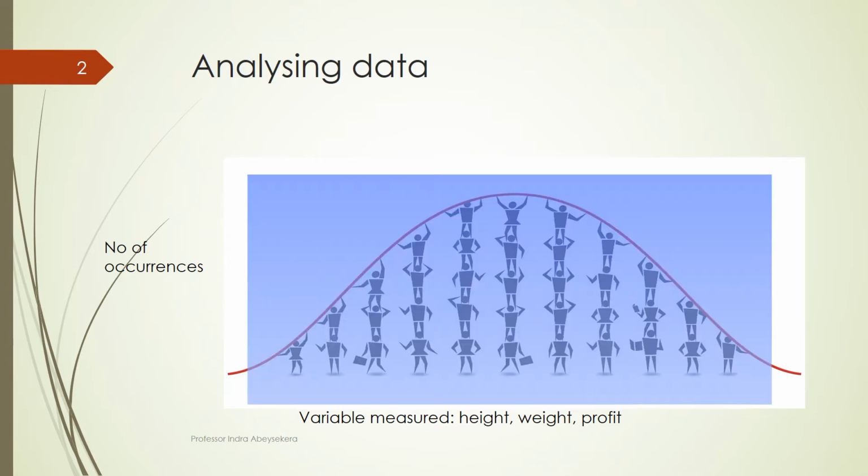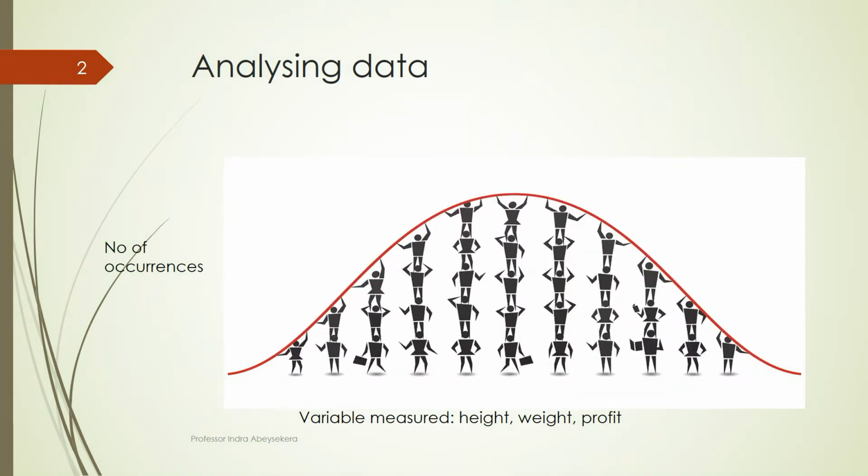So in a typical population, the variable is distributed in a bell-shaped curve against its number of occurrences.